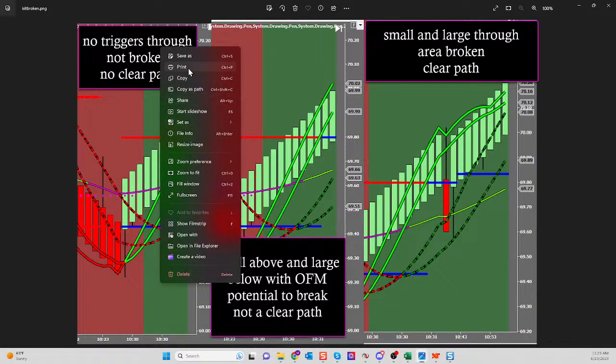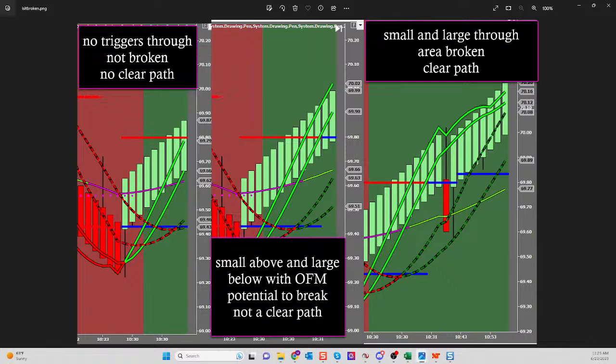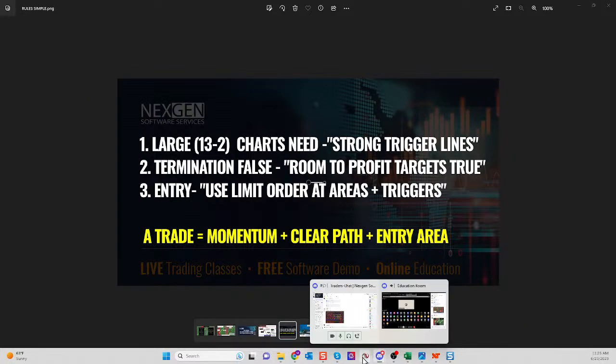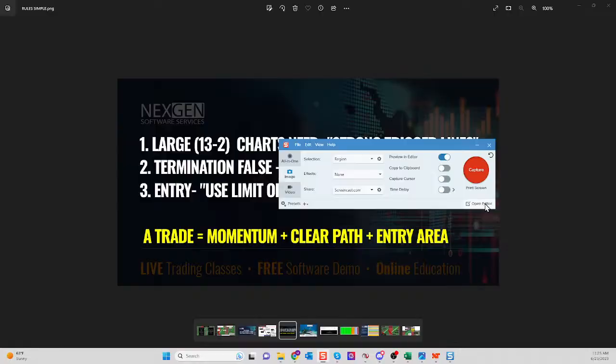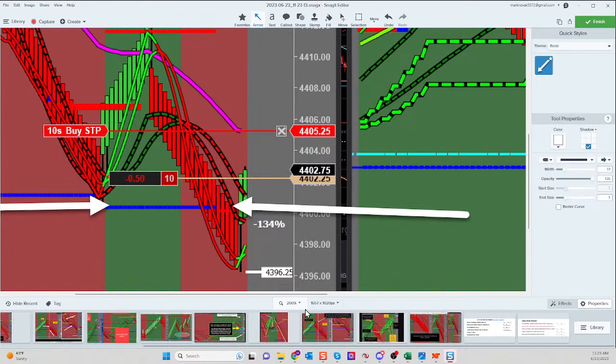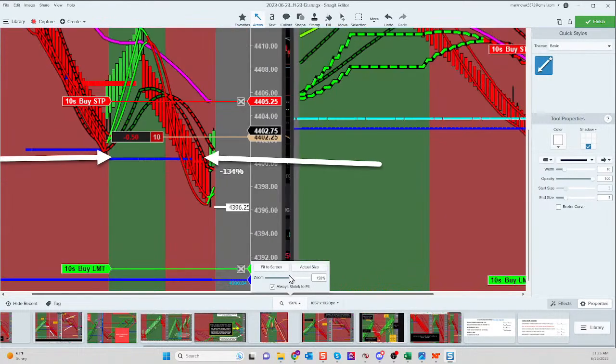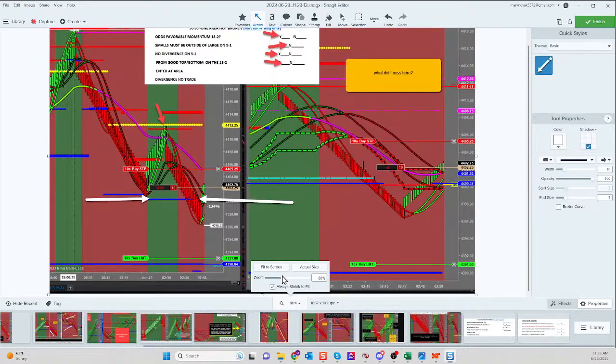Now the path is considered clear. Both sets of triggers have to make it to the other side. So what you're looking at here is a 50-50 trade. Are you with me so far on that? Did that clear it up a little bit? And to be honest with you, this is a beautiful 50-50 trade.